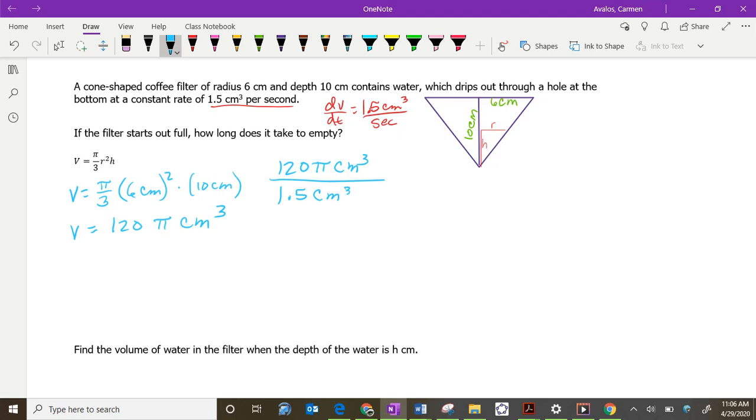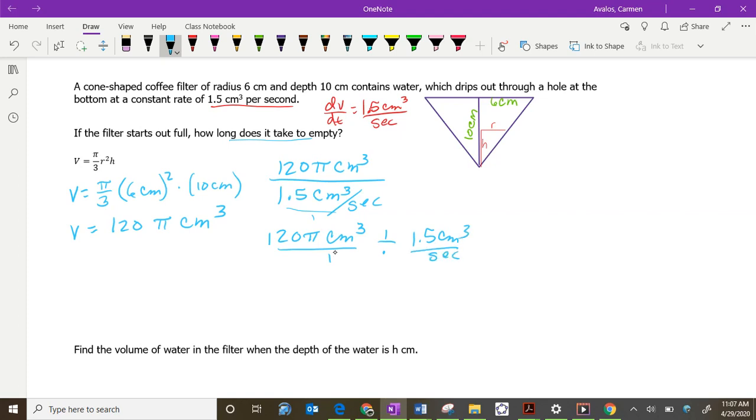The rate is in centimeters cubed per second. We want the centimeters to go away because we're talking about time, so we just want to know how many seconds that is. So we have 120 pi centimeters cubed over 1, and this is being divided by 1.5 centimeters cubed per second.